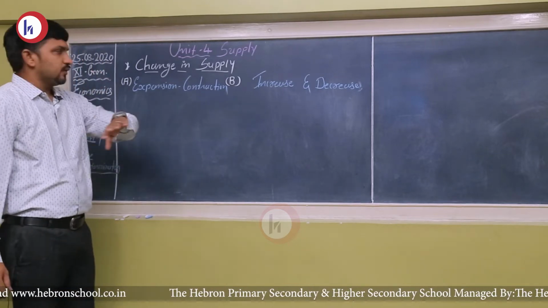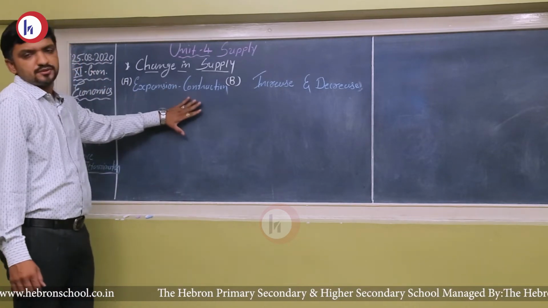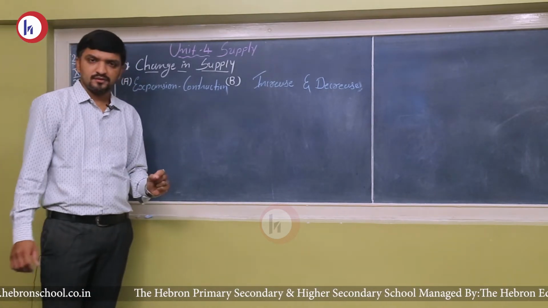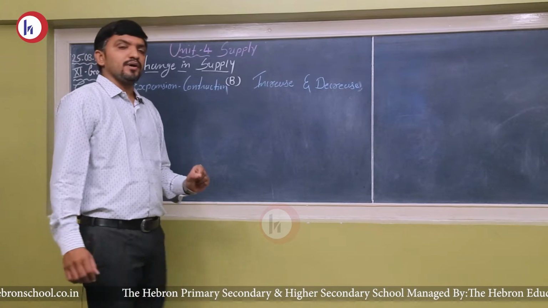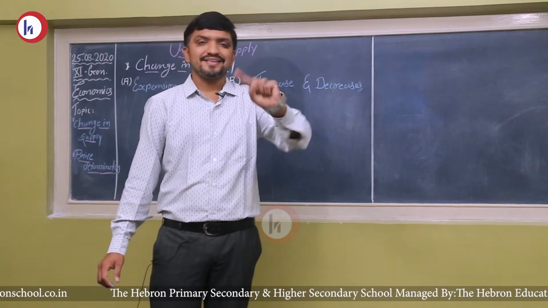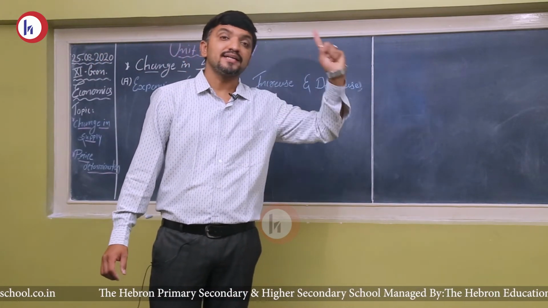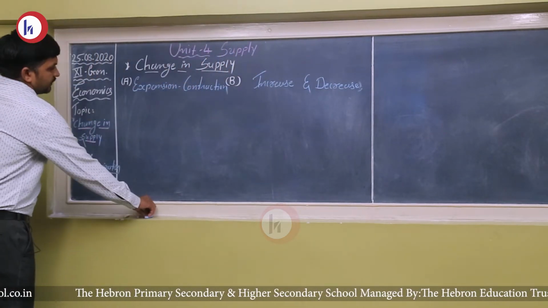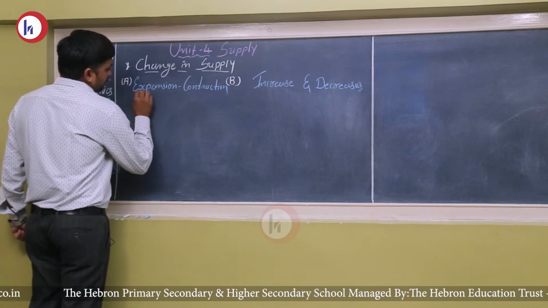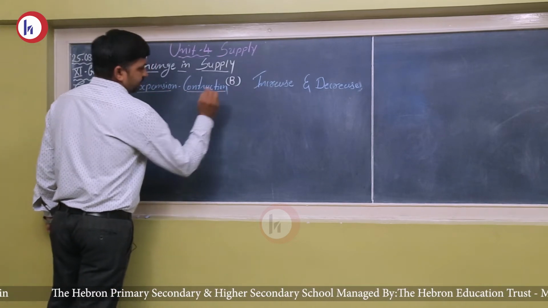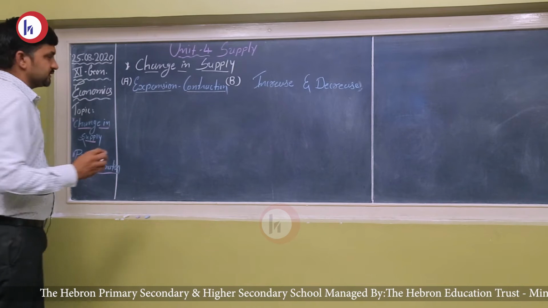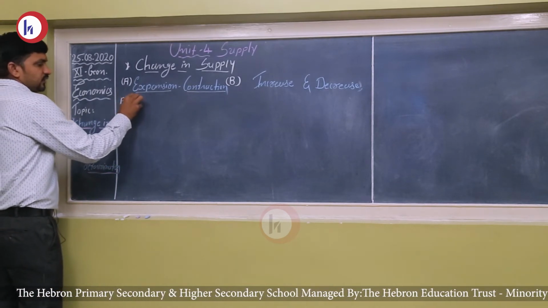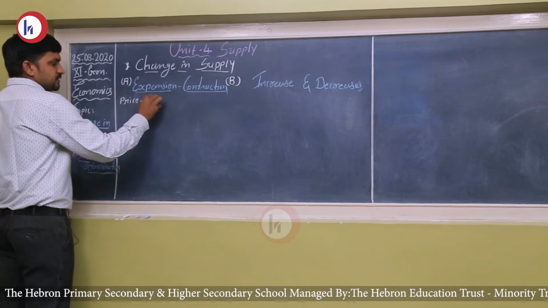Now, when we are talking about expansion and contraction, we are talking about law of supply, which means we are talking about point A in case of factors affecting supply. Now see, expansion and contraction. The simple condition is when the price of the commodity changes.